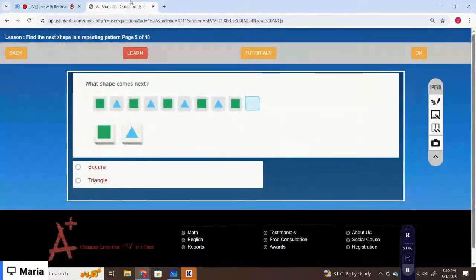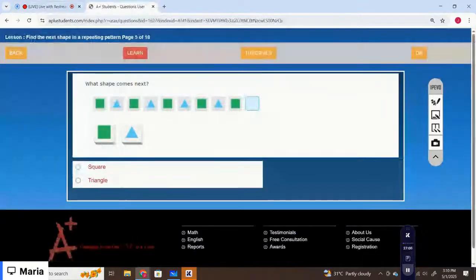What shape comes next? So which is the correct option? Triangle it is.